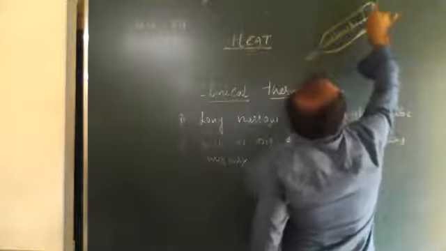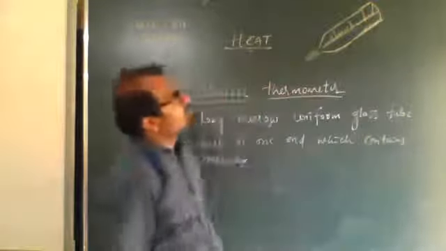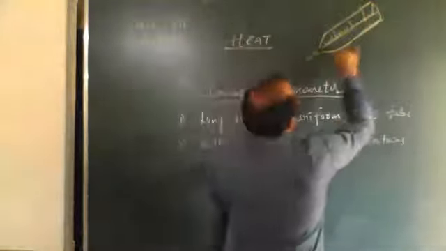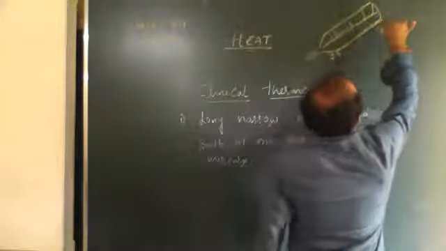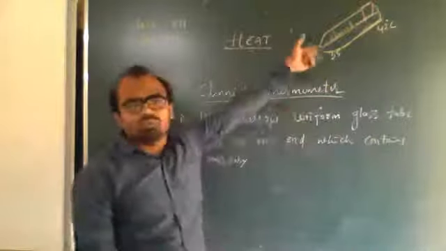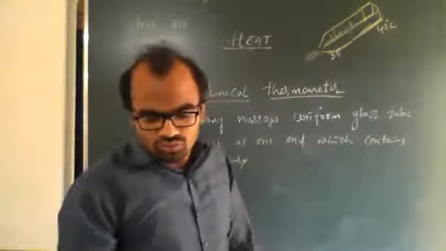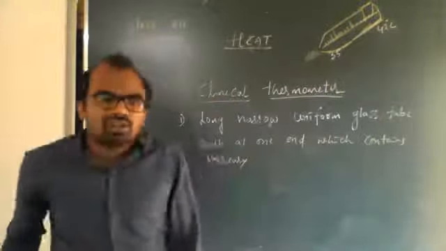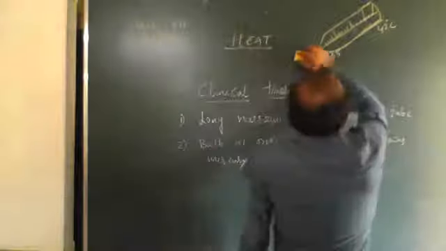Maybe 10 or 5 divisions, depending upon the thermometer. This thermometer's range is always from 35 degrees Celsius to 42 degrees Celsius, so we draw it up to 42 degrees Celsius. You have to understand it like this. So this is the clinical thermometer.